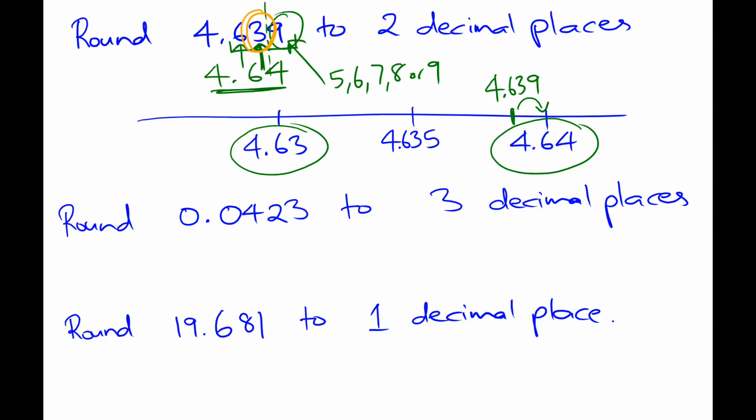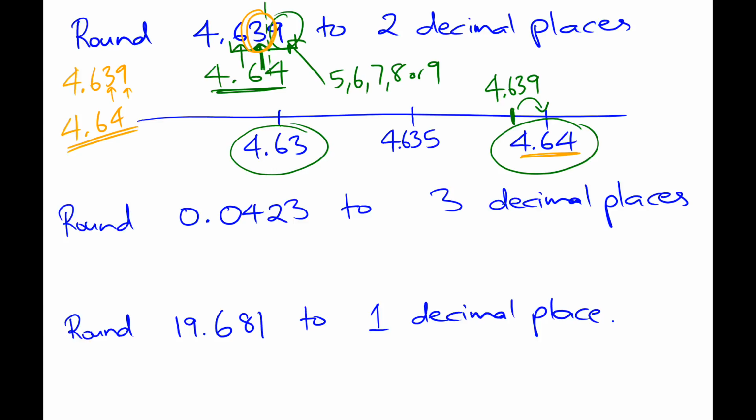And we can also see this on the number line as well. It's closer to 4.64, which means if I take that decimal, 4.639, rounded to 2 decimal places, that third decimal place is a 9, so that 3 needs to go up to 4. So that's our final answer.